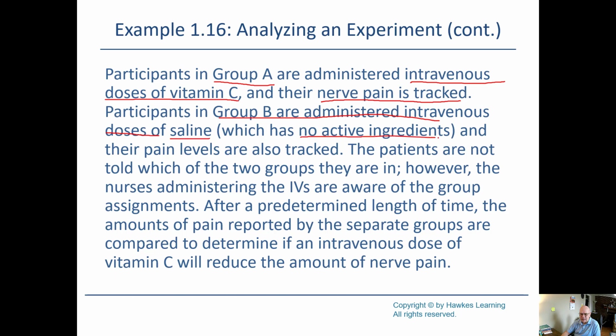Well, that doesn't have any ingredients at all that are going to have any effect on the patients. We're going to find the amount of pain reported by the separate groups, the treatment group and the control group.